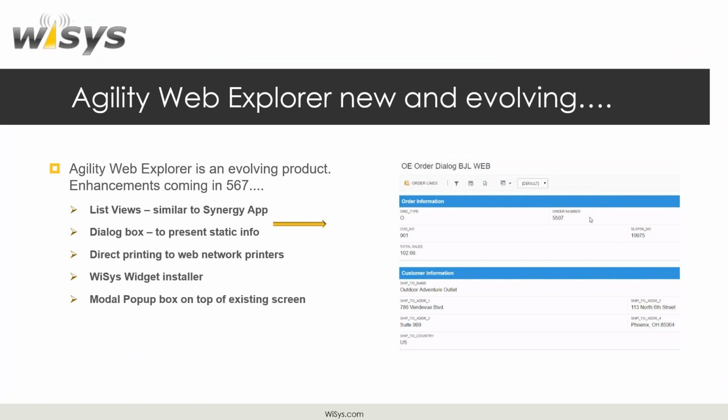So what you saw today is what you will have in 566, but in 567, which is due out the end of July, 1st of August timeframe, we are going to include list views.